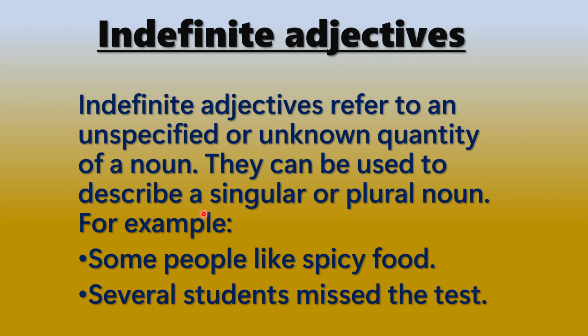It's unspecified how many people like spicy food. And here also, it's unspecified how many students, like one or two or three, have missed the test. It's unidentified, an unknown quantity. Okay, got it? I hope it was quite simple.